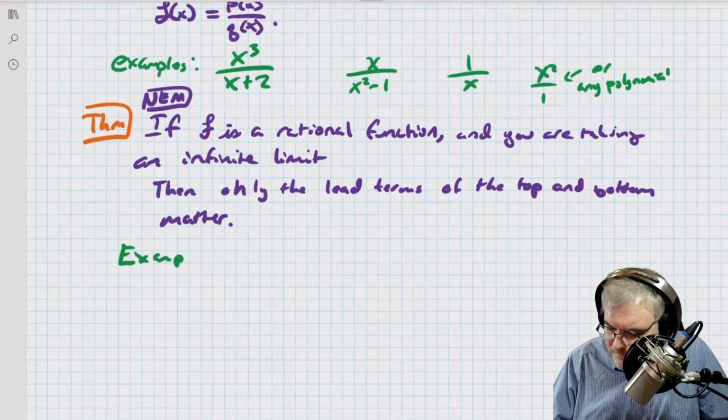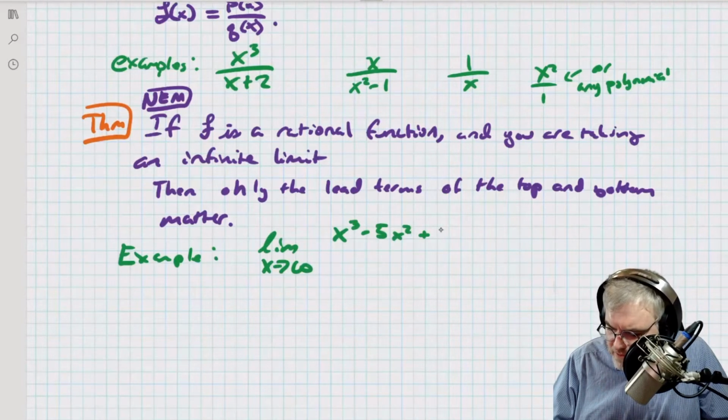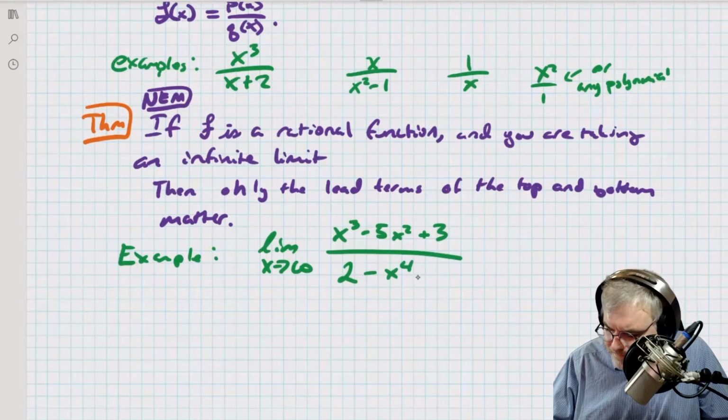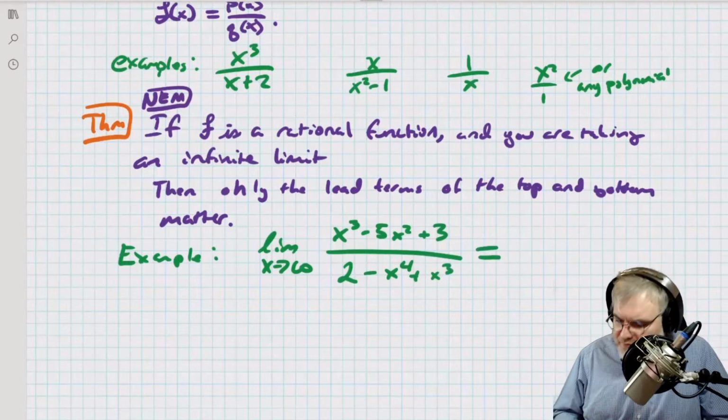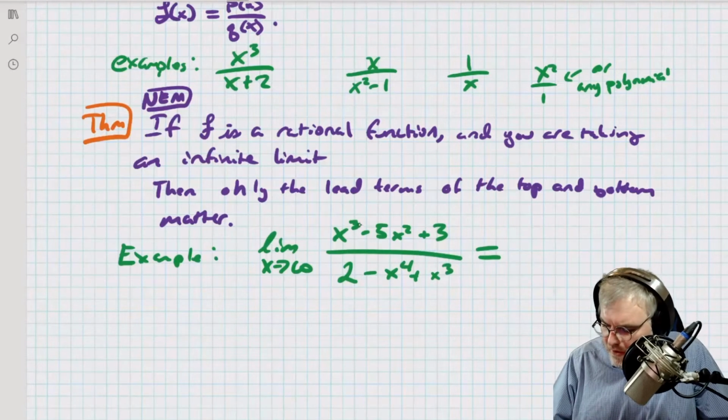Example. The limit as x goes to infinity of x cubed minus 5x squared plus 3 over 2 minus x to the 4th plus x cubed. I take the top terms. So the top terms here are x cubed and negative x to the 4th.